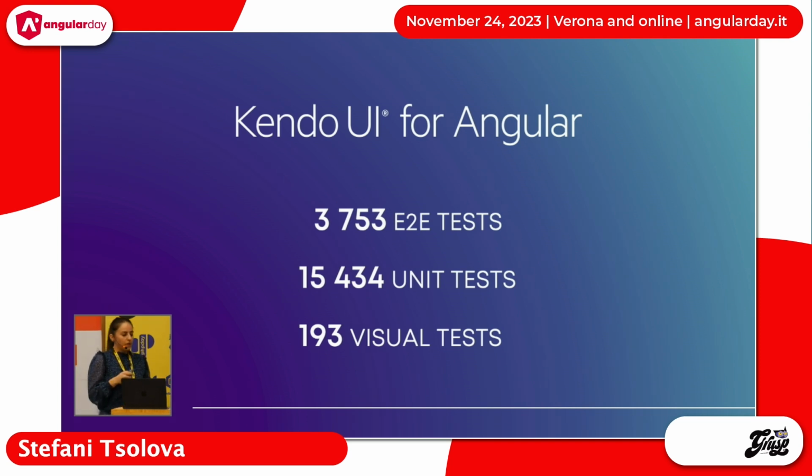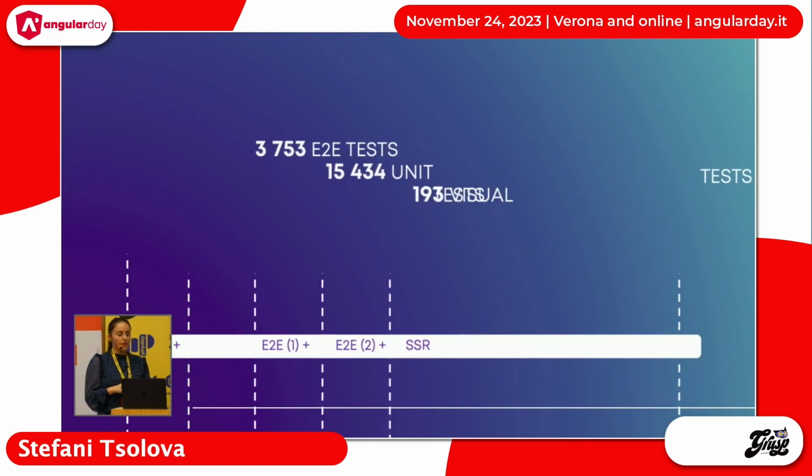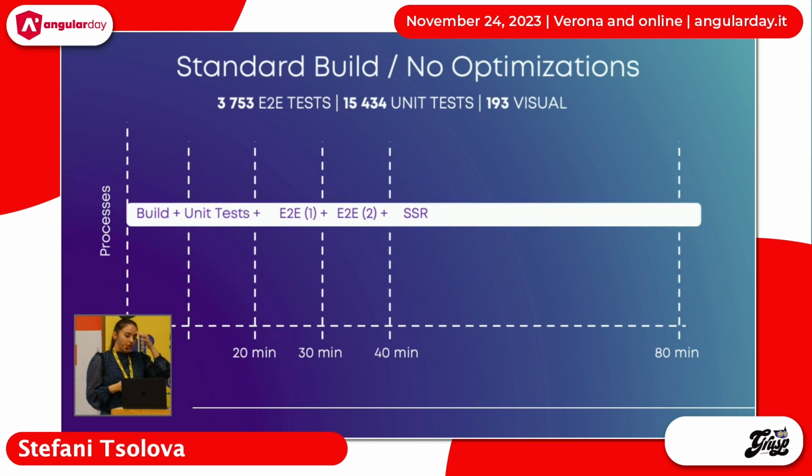If we make a change in the source code there, and let's say that there are no optimizations, no affected command, no caching mechanism, that would mean that we would need about an hour and a half to wait for the packages to build and for the tests to run. We don't have an hour and a half.